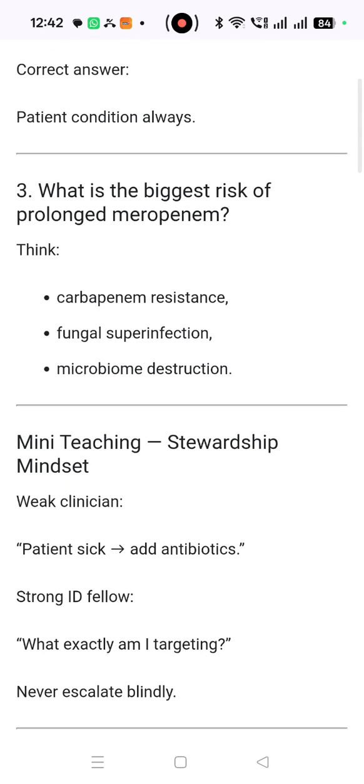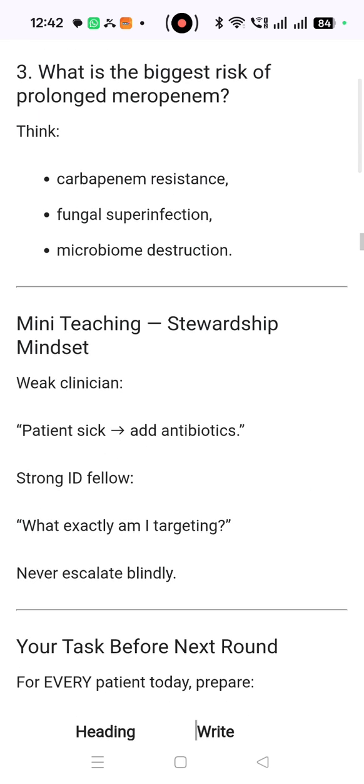What is the biggest risk of prolonged meropenem? Think carbapenemase resistance, fungal superinfection, microbiome destruction. If you give prolonged treatment, resistance may develop, or fungal superinfection, or microbiome destruction.